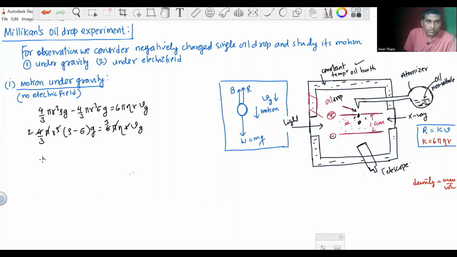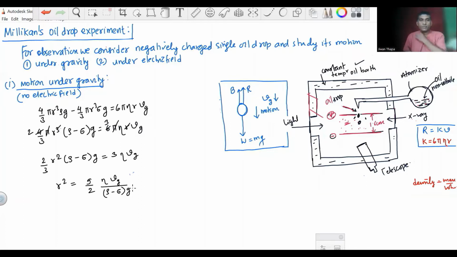So we get 2/3 r square (rho minus sigma) g equals 3 eta Vz. So r square equals 9/2 eta Vz by (rho minus sigma) g.